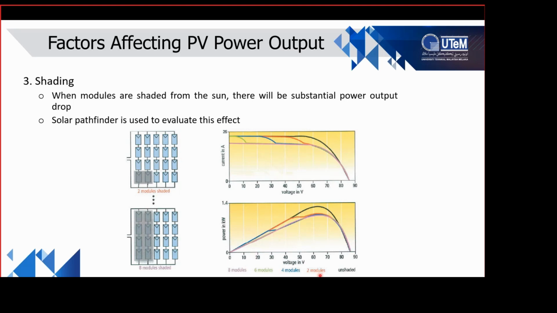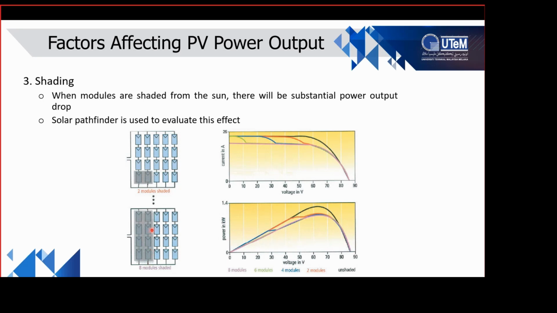But you see here, either 2 modules, 4 modules, 6 modules, or 8 modules, the shading profile is about the same, meaning that the peak amount of power that can be achieved is the same for all types of shaded modules. Why? Because the modules are connected in series.